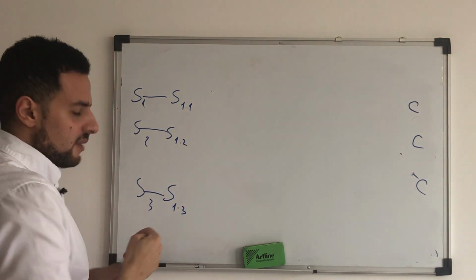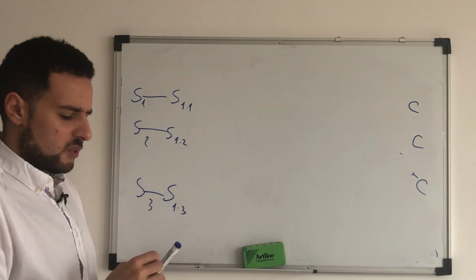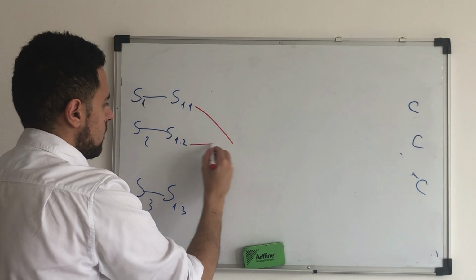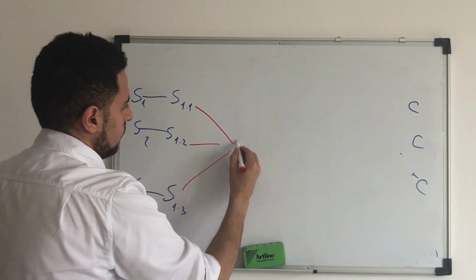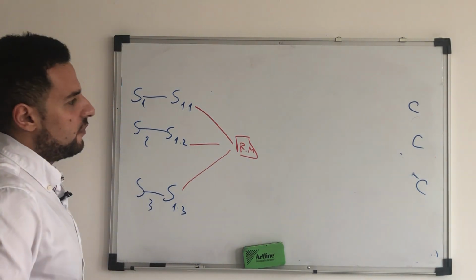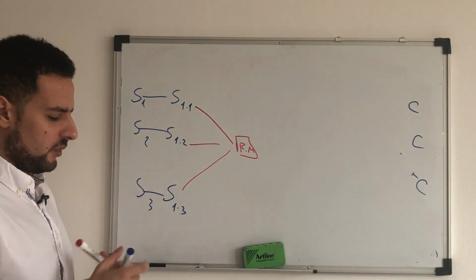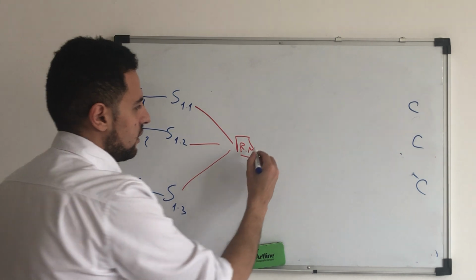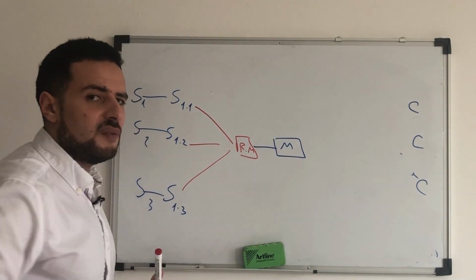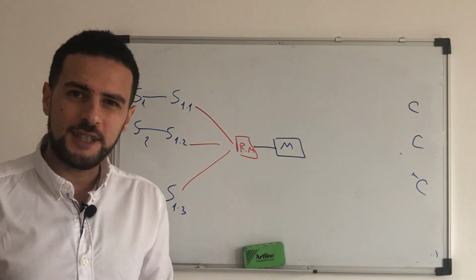Right? And then the suppliers can transport the items to the warehouse. Let's call it a raw material warehouse. And from the raw material warehouse we can transport to the manufacturing facility, if we are adding value and manufacturing our products, right?